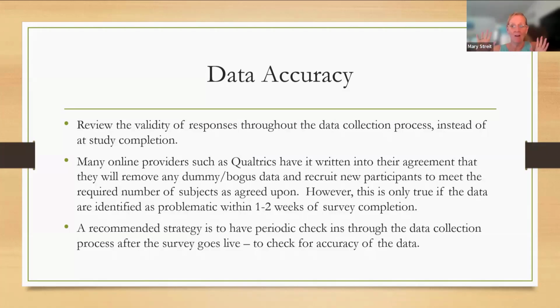Sometimes there are unethical people in life, a few, and they will just say, okay, I'll do it. And they just type jibber jabber in there. And if you catch that, Qualtrics is obligated to replace it with a free and correct response. So in other words, they can't give you a bogus response. They have to give you somebody who is really true and answering. But you have to make sure that you catch it within 1 to 2 weeks of survey completion.